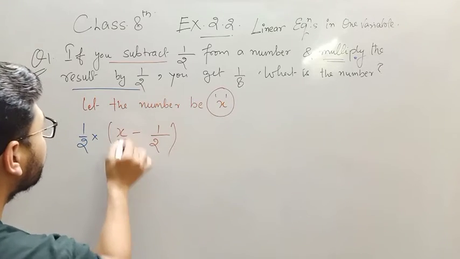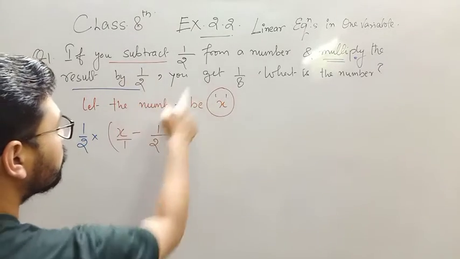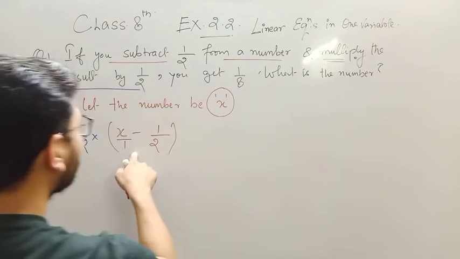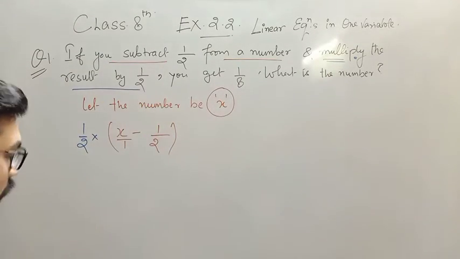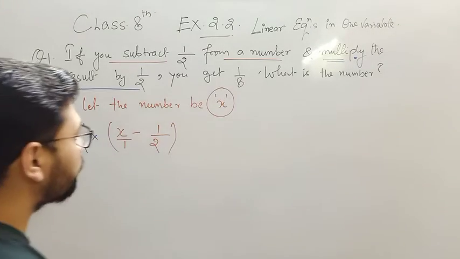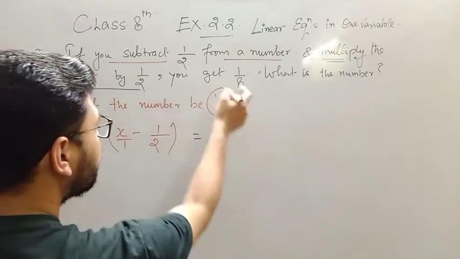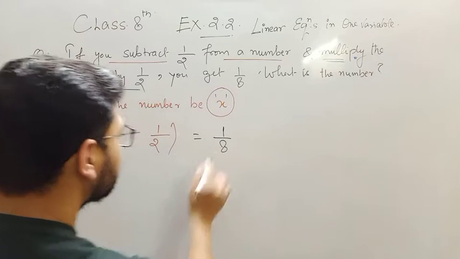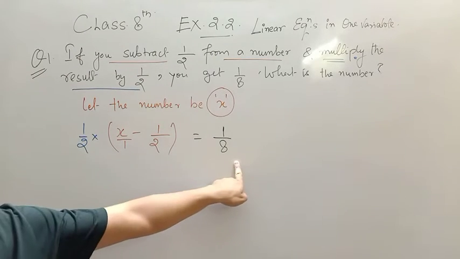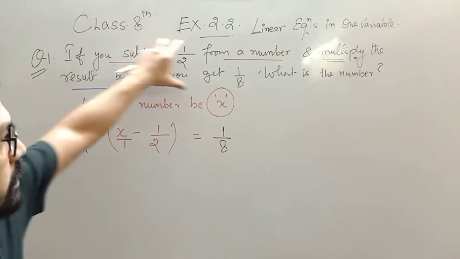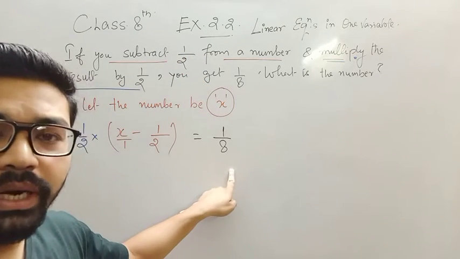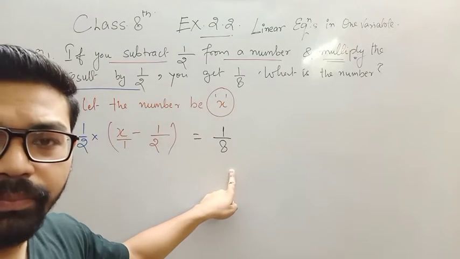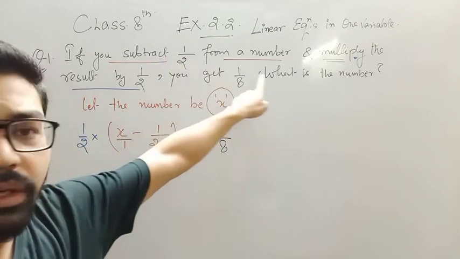Subtract 1 by 2 from a number x, and then multiply the result by 1 by 2. Now the overall result will be 1 by 8. So this is the mathematical expression for this word problem.